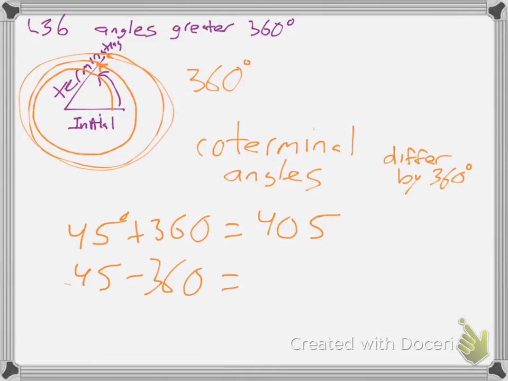And I'd be at negative 315. Those three angles, 405, negative 315, and 45, are all coterminal. They stop at the exact same spot. Now remember, negative angles go down or clockwise, positive goes counterclockwise or up.